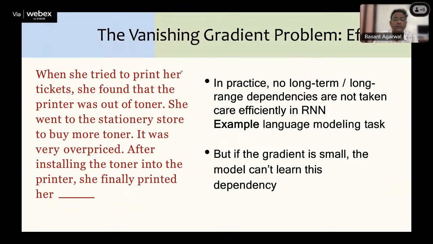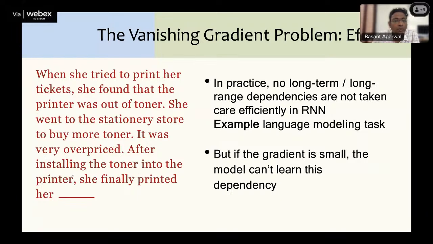In a recurrent neural network, the main problem is that the information at the start of the sentence will not be used for predicting the next sequence. See this example: when she tried to print her tickets, she found that the printer was out of order. She went to the stationery store to buy toner.